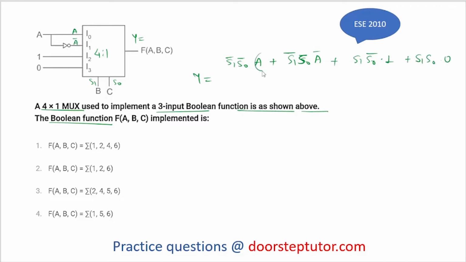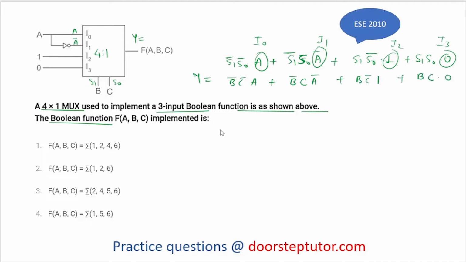So we have written the value of I0, I1, I2 and I3 over here. Now if we put the value of S0 and S1, this will be B bar C bar A plus B bar C A bar plus B C bar 1 plus B dot C into 0.